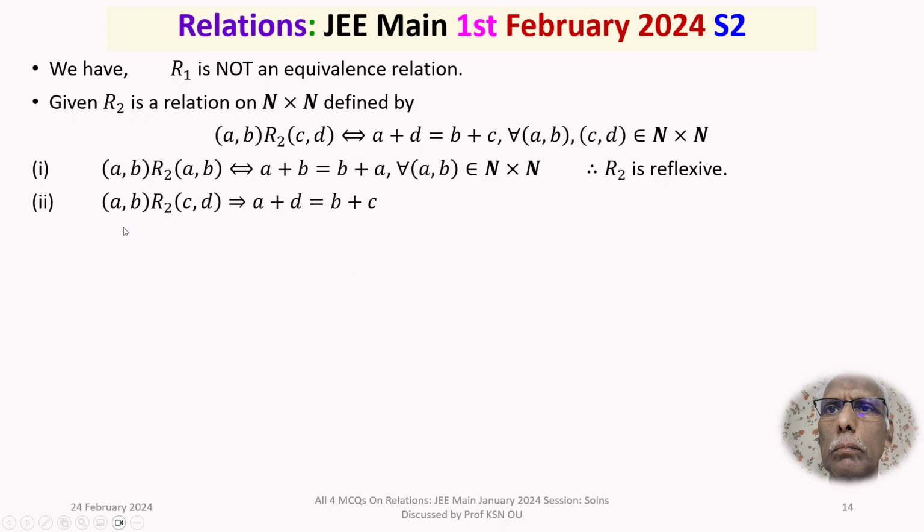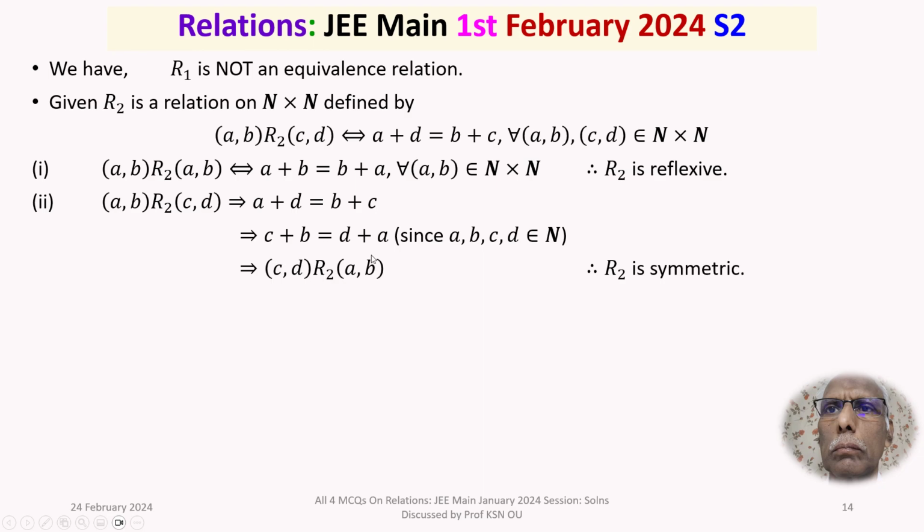Let's go for the symmetry. A comma B is related to C comma D implies A plus D is equal to B plus C. This implies B plus C is equal to C plus B, because plus is commutative in the set of natural numbers, is equal to A plus D. A plus D is equal to D plus A. So this will imply C plus B is equal to D plus A. So this will imply the ordered pair C comma D is related to the ordered pair A comma B by the relation R2.